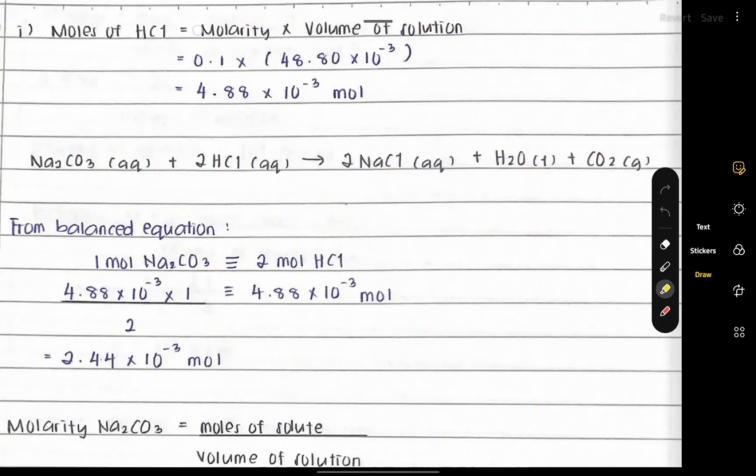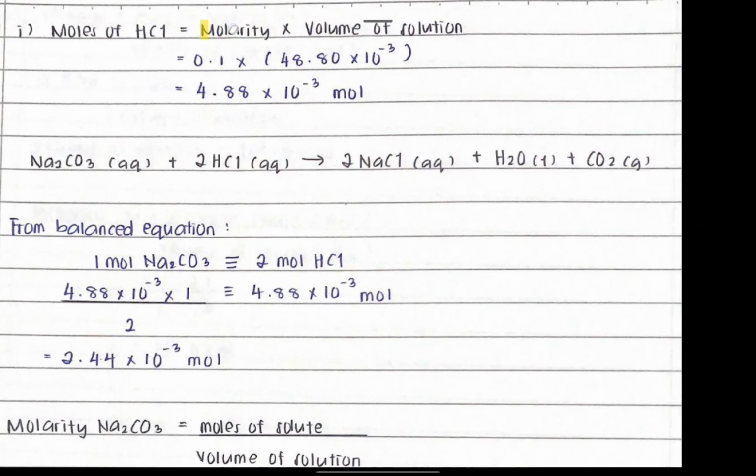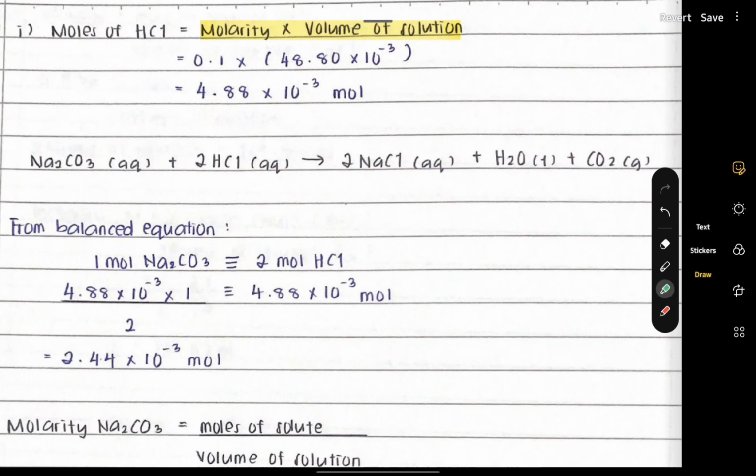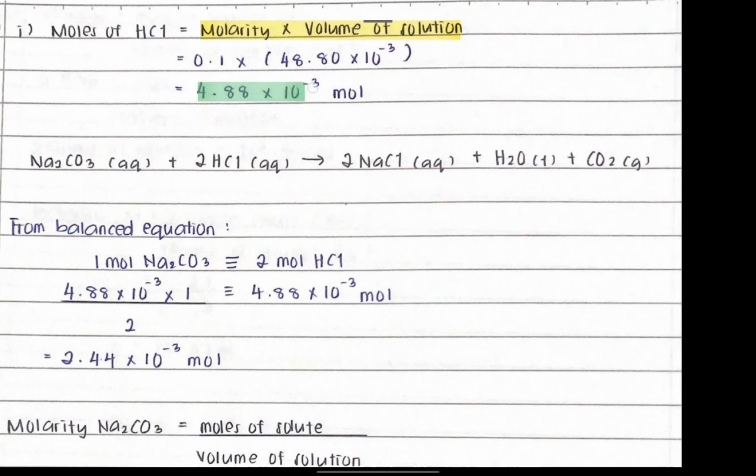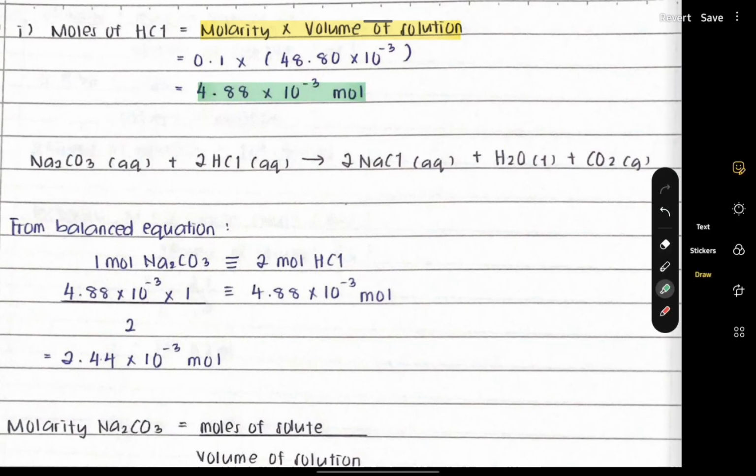Question D1, we need to find the molar concentration of Na2CO3. This means we need to find the molarity of Na2CO3. First step, we need to find the moles of HCl by using the formula of molarity. Then we got 4.88 times 10 power of negative 3 moles of HCl.